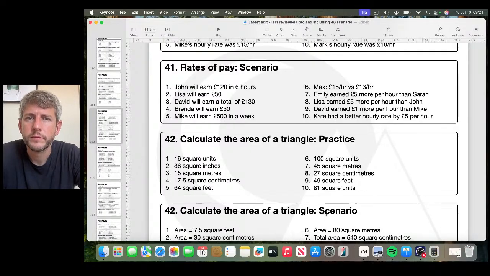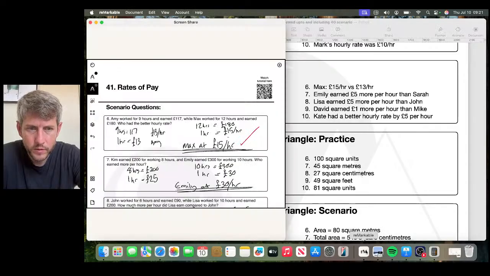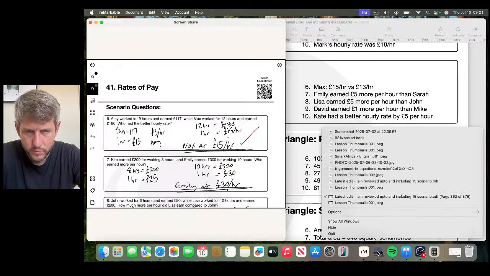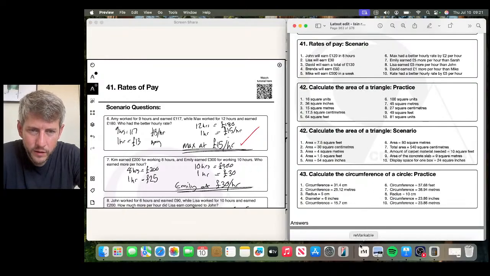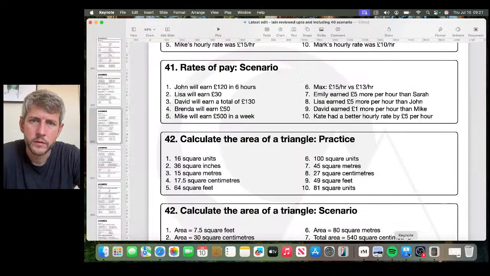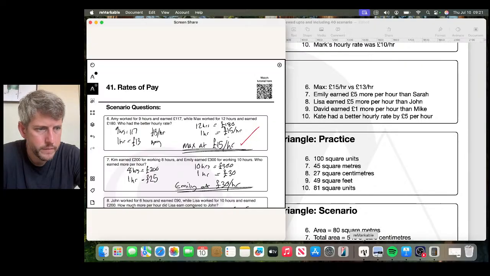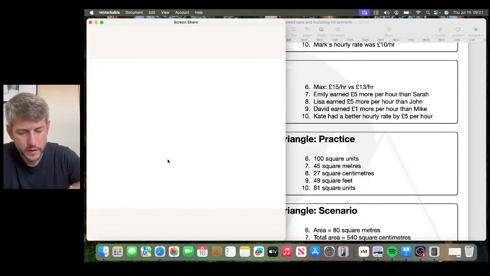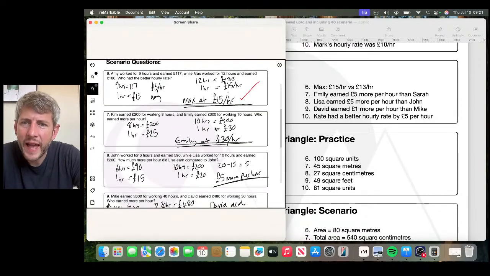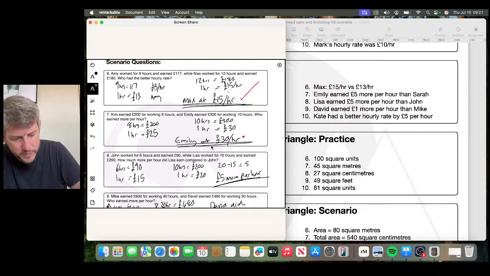Right. Question 2. Actually, I could have just left that there. Here we go. Question 7 even. We've got Emily at £30 per hour, because the question isn't asking how much more did she earn. It's just asking who earned more. So it is Emily, £30 per hour.